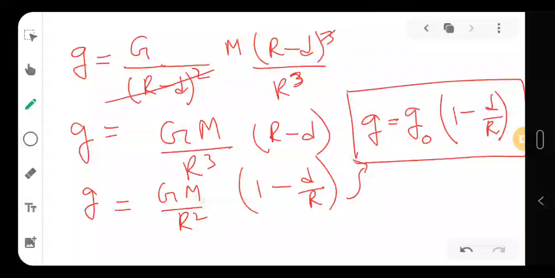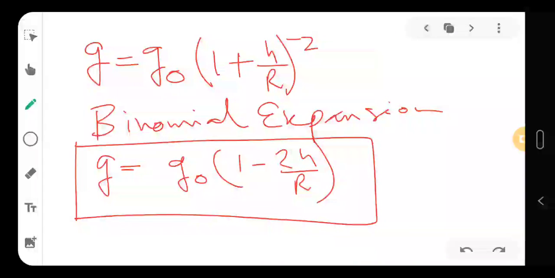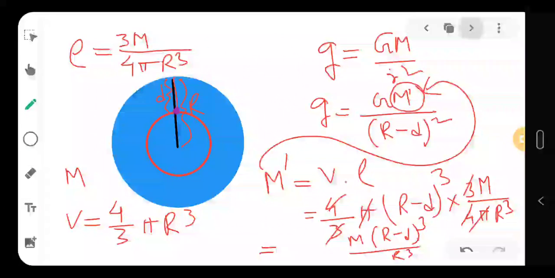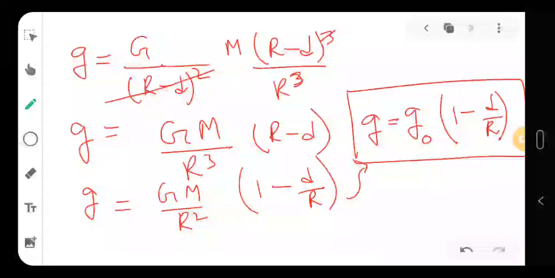So you can see here that this will happen when you go inside. If we go inside, then also g decreases. If we go upside, then also g decreases. But if I go upside, g decreases more. If I go downside, g decreases at a lower rate.